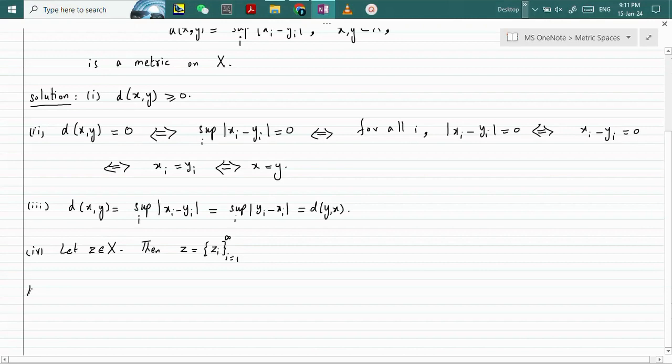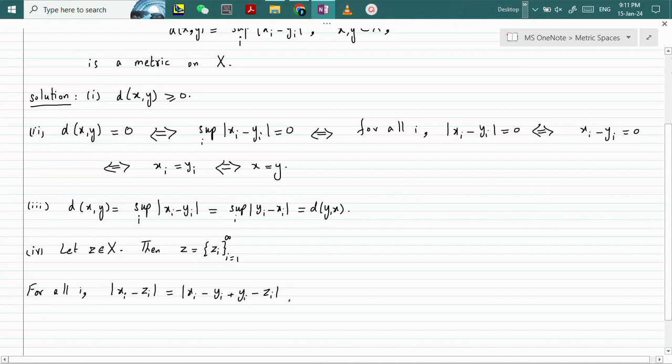So for all i, we can write xi minus zi in this way: xi minus yi plus yi minus zi.